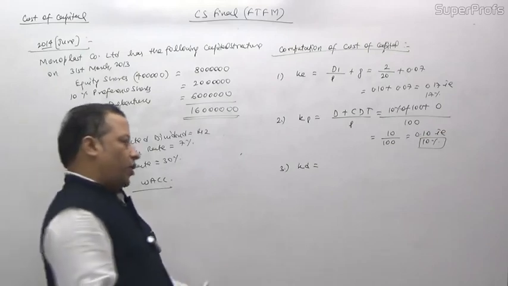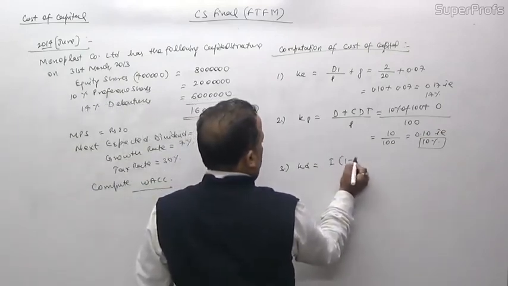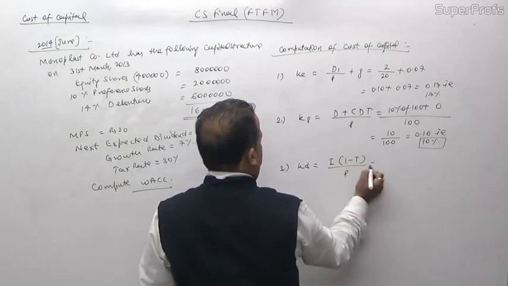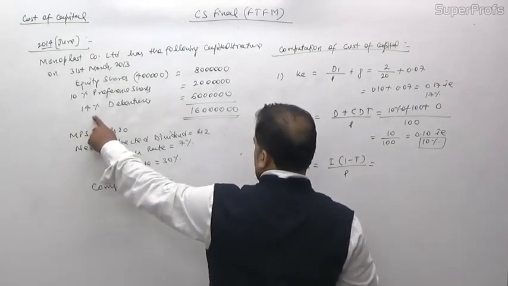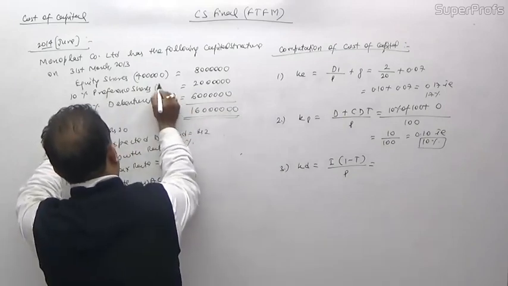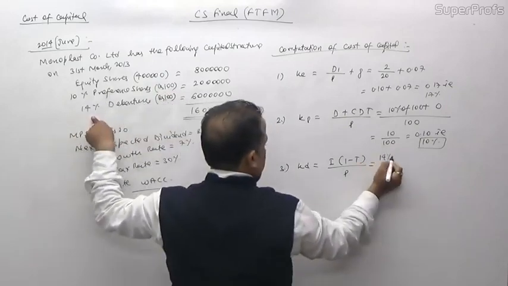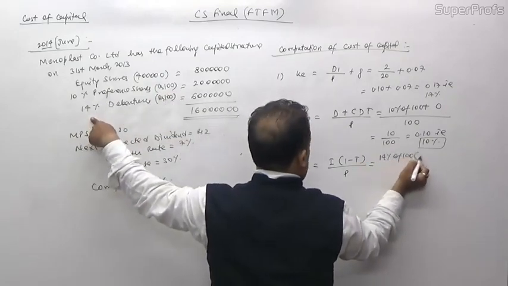The cost of non-redeemable debt is equal to I(1 minus T) divided by P. I stands for interest rate on the face value. Face value is rupees 100. So 14% of 100.